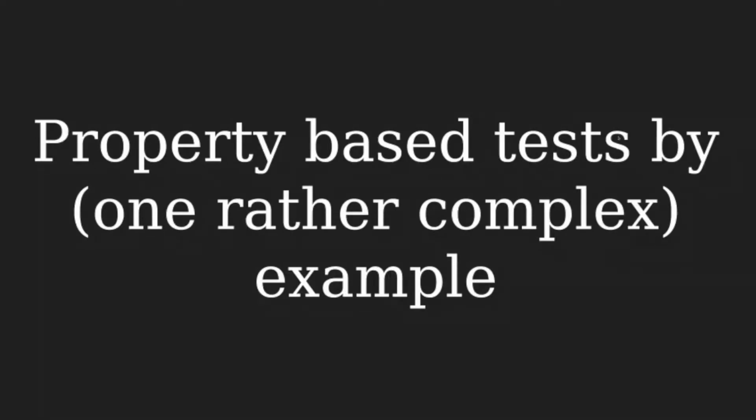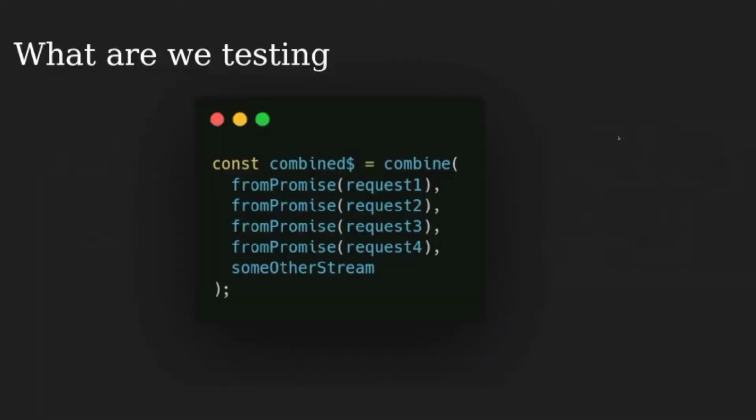So property-based testing basically means you don't write unit tests like you normally do, where you have a fixed set of examples and then you assert that 5 plus 10 is 15 or something like that. But you let the testing framework generate random inputs for your tests, and then you need to find a property, something that always holds for all possible inputs that you can get with the random generation.